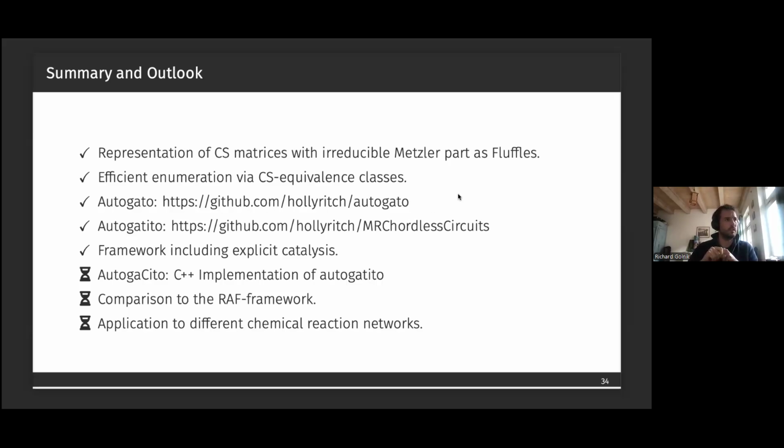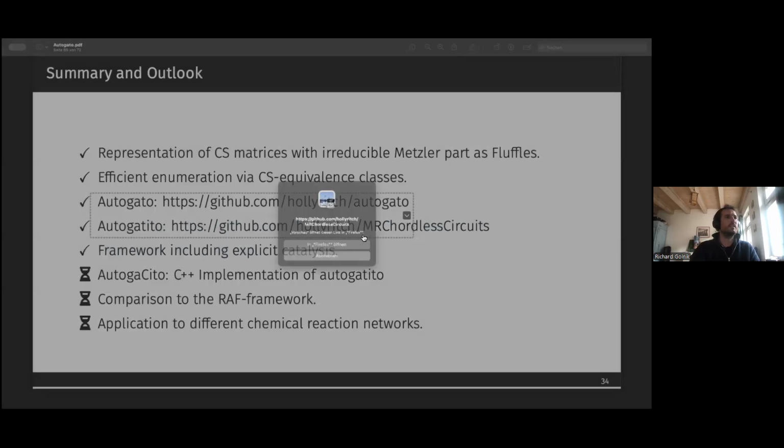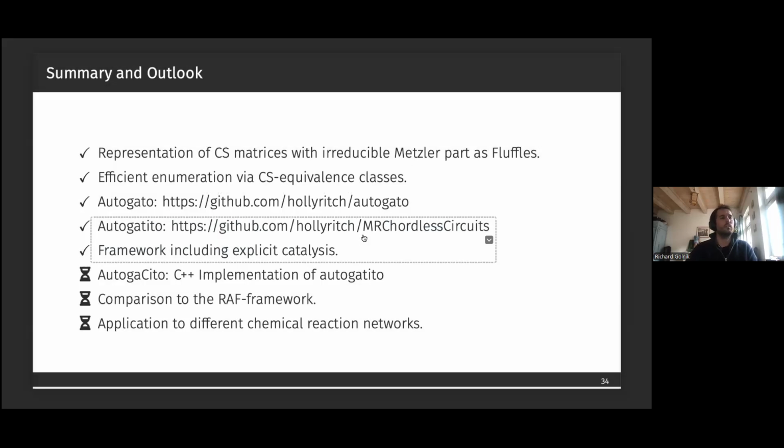We've implemented this as a software called AutoGatto, which is available on my GitHub page. And at the end, I've shown you that we were also able to refine this algorithm by not enumerating all the elementary circuits, but only the ones without metabolite to reaction chords. The tool is called autogatito, but it is still under the repository of metabolite-to-reaction chordless circuits. Because this is for the revision process, if this is done, then I'm going to include it into autogatto.